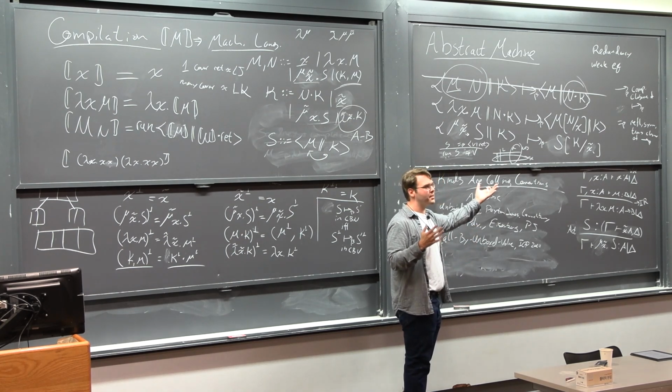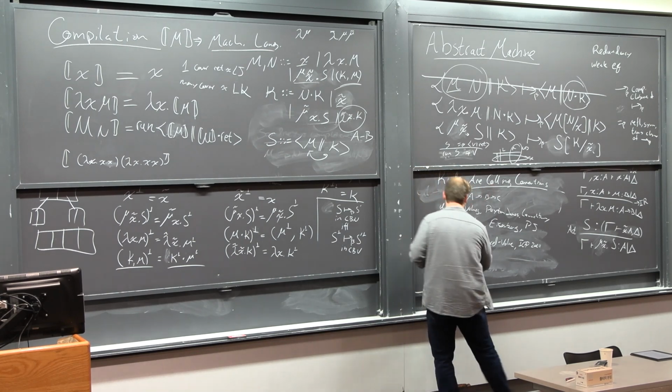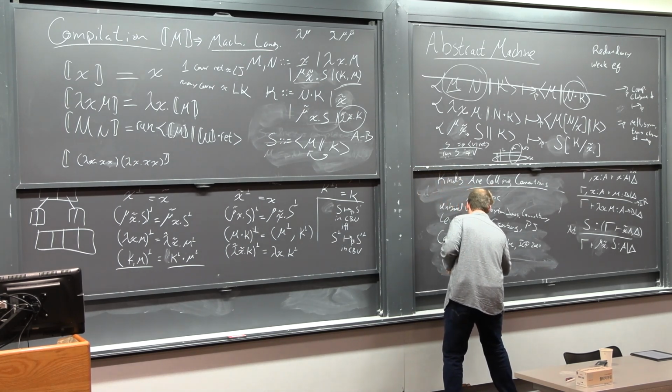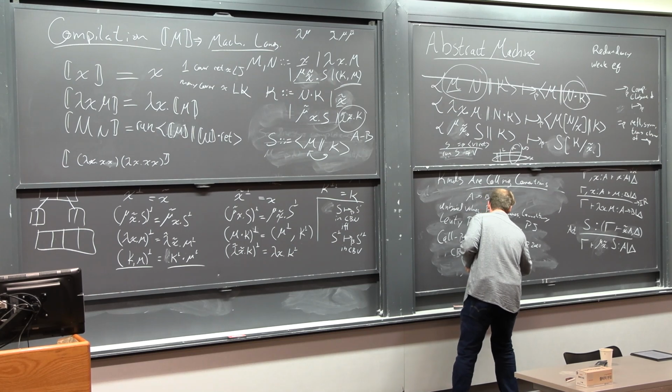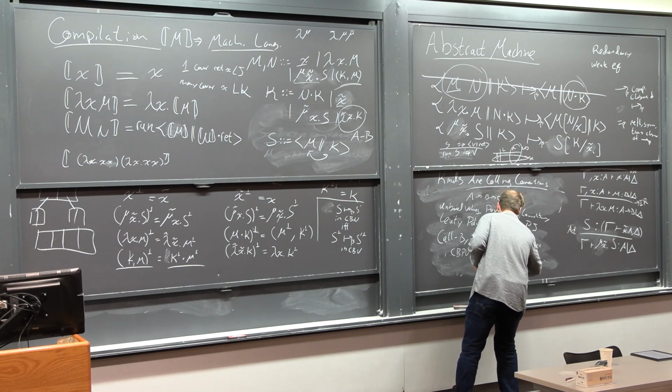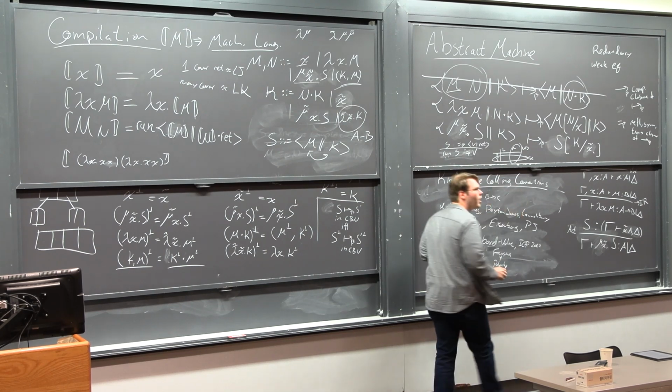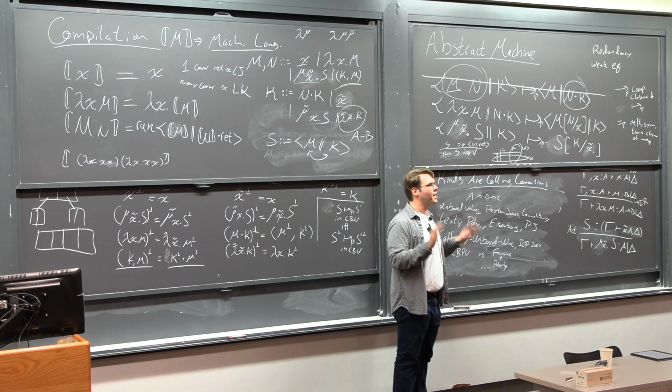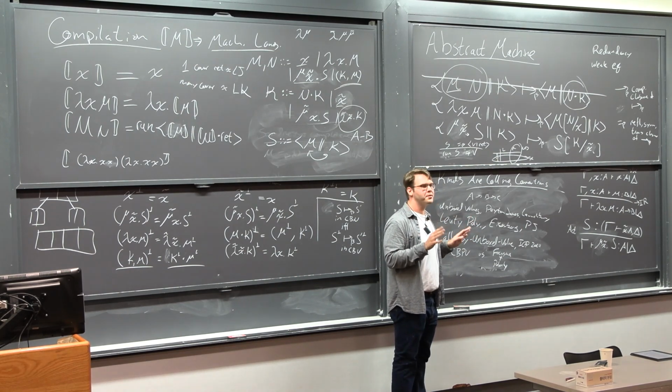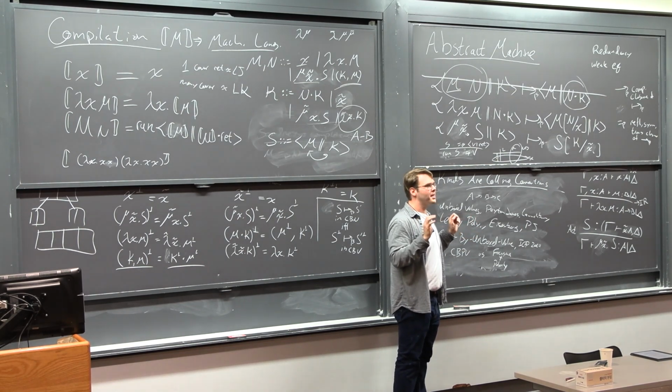There's call by push value, and then there's focusing and polarity. And they're almost exactly the same, but they're not. And that's really frustrating, and it's bugged me for over a decade now, probably.